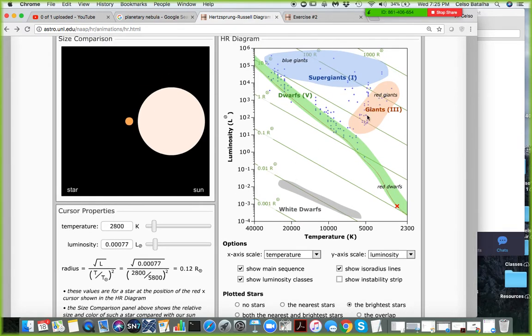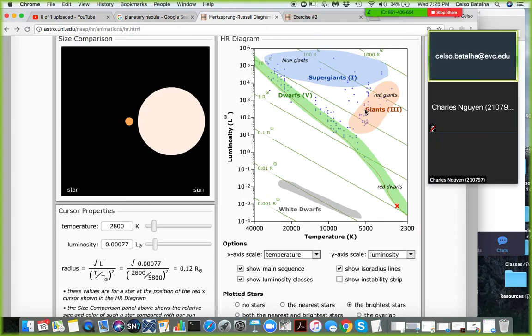So these are the giants. Supergiants are up here. So a low mass star starts here, becomes a giant, and then starts to cast the outer layers away, and then becomes a white dwarf. That's the evolution of a low mass star off the main sequence.